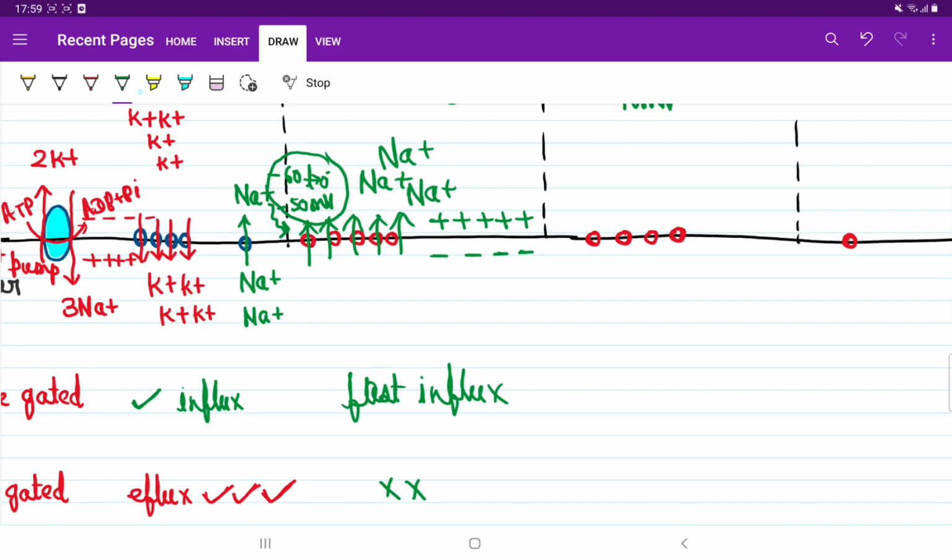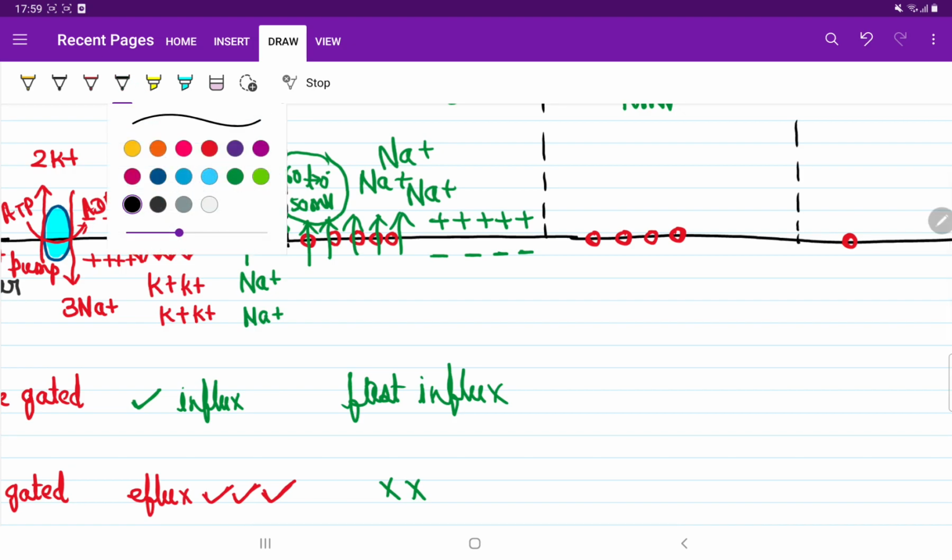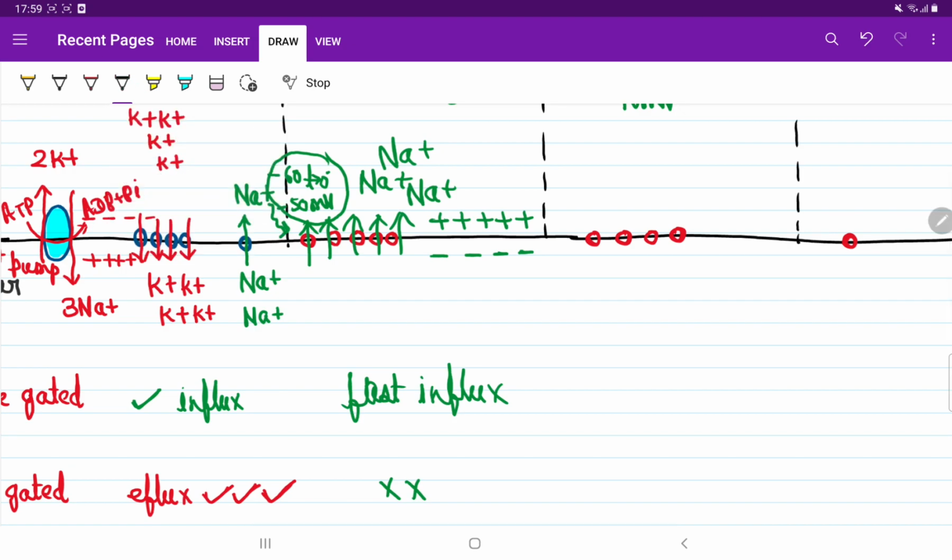How does this repolarization occur? In this same plasma membrane, a lot of potassium ion voltage gated channels are present. Once the neuron gets depolarized, these potassium ion voltage gated channels activate, and they pump a lot of potassium ion outside.